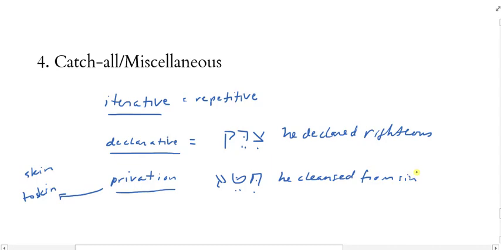So these are really interesting uses here. All right. Well, how will you know if it's one of these catch-all or miscellaneous uses? You simply have to look at the lexical entry for the verb and see what its meaning is in the Piel. It may have a special nuance, okay? All right. Well, we'll stop there.